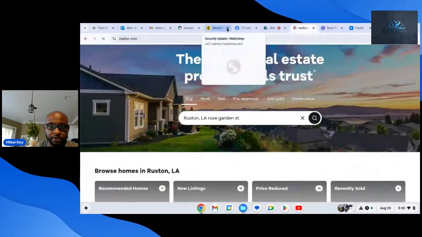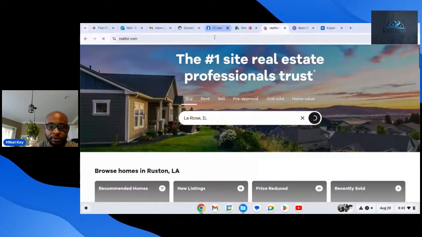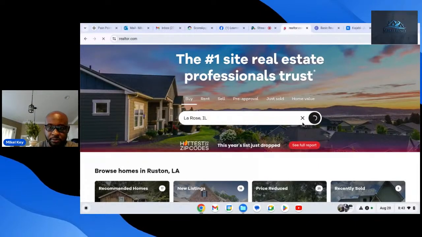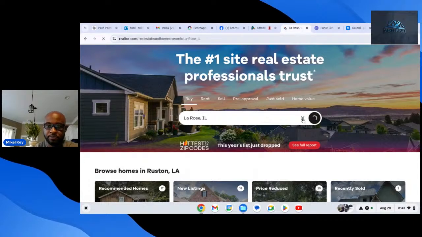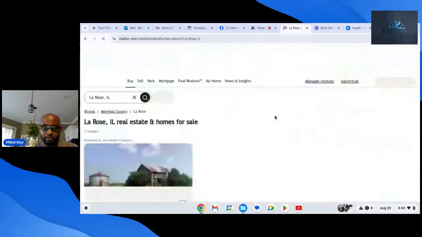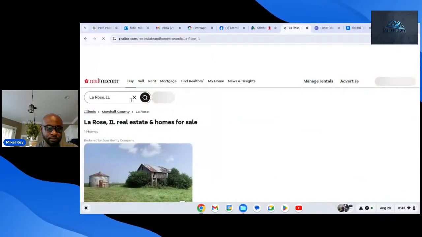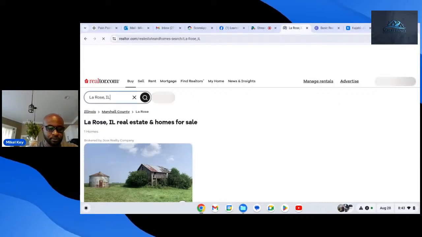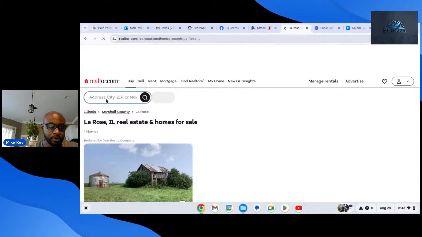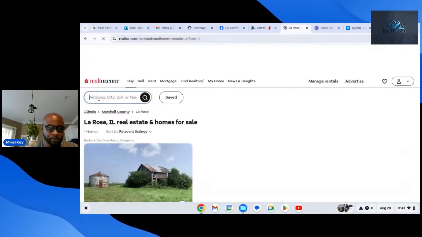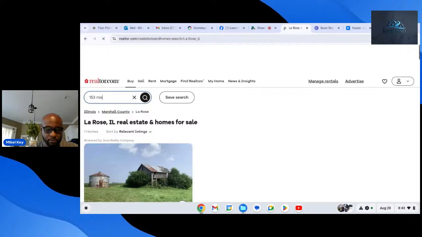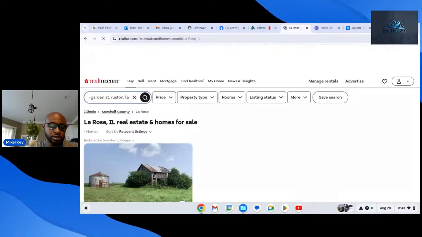We're going to make this extremely simple. That's not what we want. Let's go to, hold up. I'll pick an address, 53 Rose Garden Street, Ruston, Louisiana.